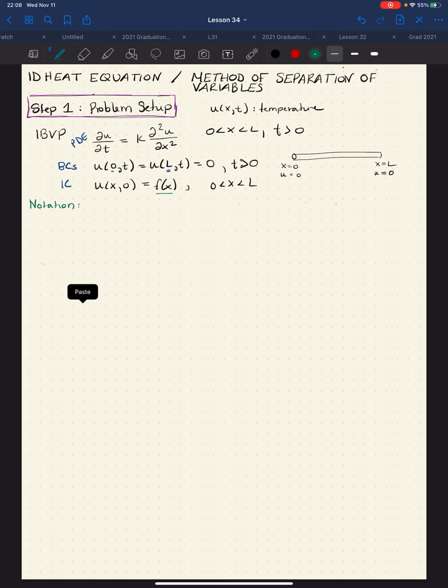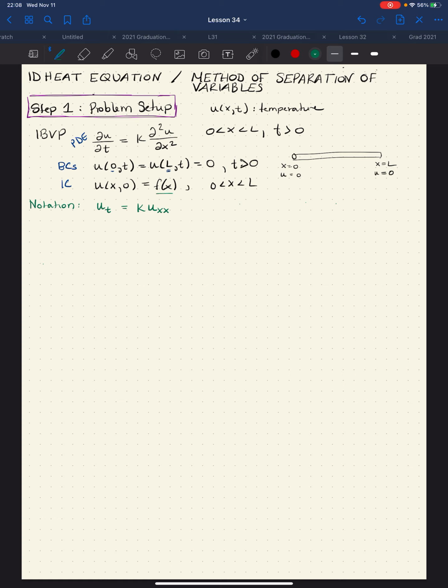The first is an extremely simple version. All of the derivatives, what you're taking the derivative with respect to, becomes a subscript. So u sub t is equal to k u sub x x. This is an extremely clean version.